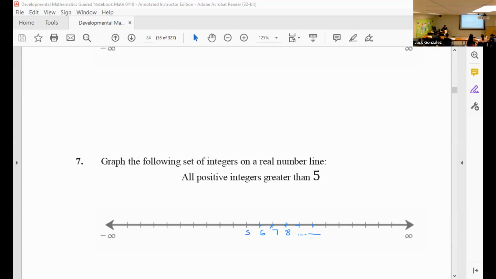If it said all numbers, then you would just shade the whole thing or put an arrow. But it didn't say fractions. It said positive integers. So I can only include the whole numbers after 5. So I'm not including 7.5, 8.5. You see what I'm saying? Only the whole numbers.